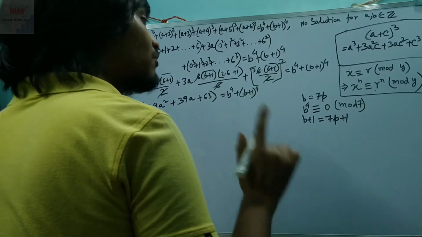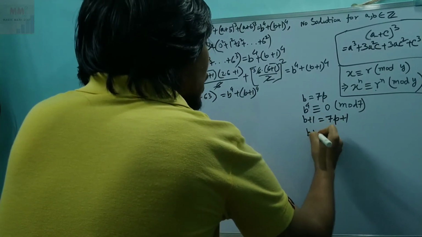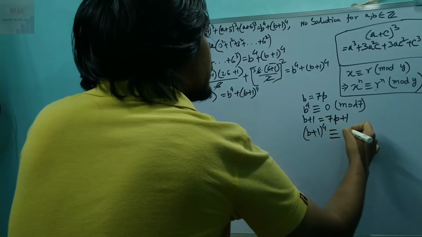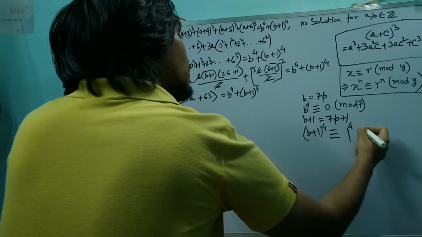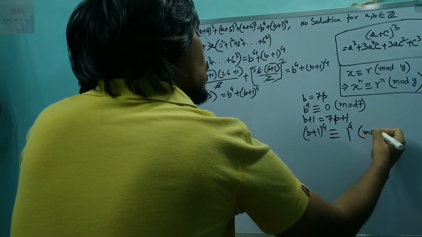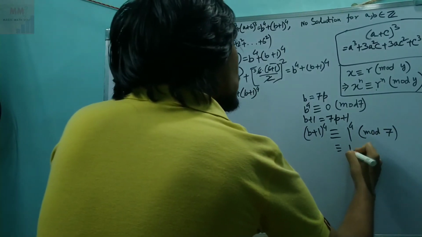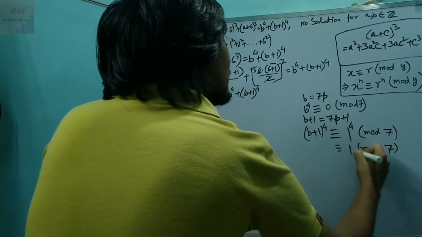There is a remainder which is 1. So (b plus 1) to the power 4 will also not be divisible by 7. We will get 1 to the power 4 mod 7. That is nothing but 1 mod 7.